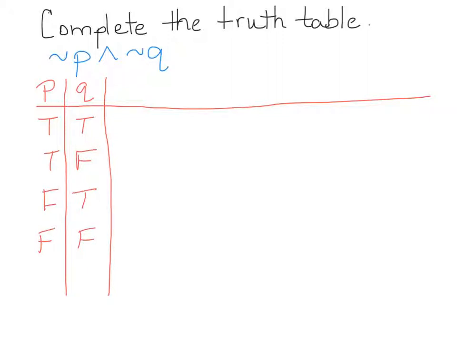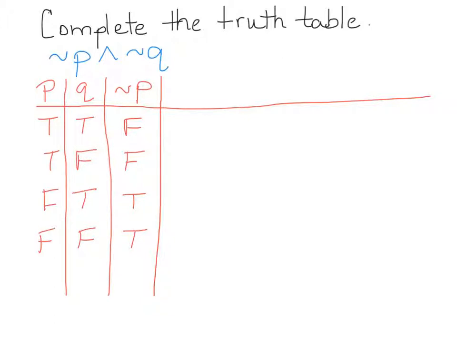Notice here that we also have not P. Well, what does not P mean? Well, it means the opposite of whatever P is. Since P is true, then not P is going to be false. False, true, true. I'm looking at the P column and taking the opposite of that.